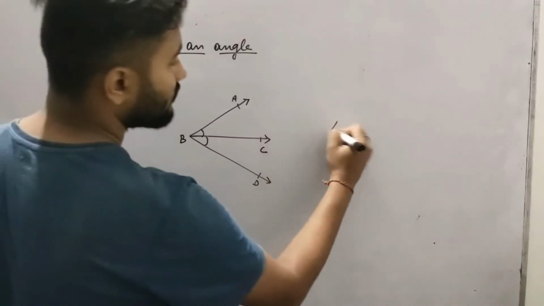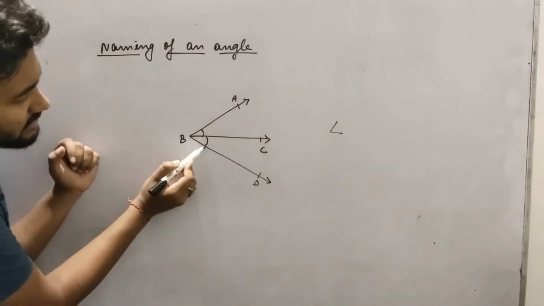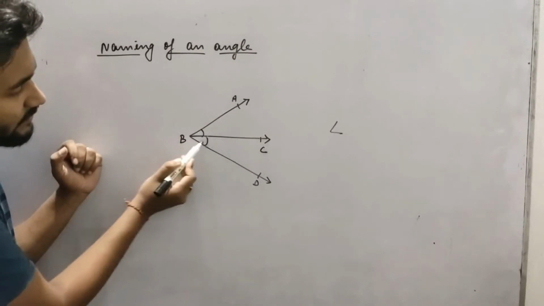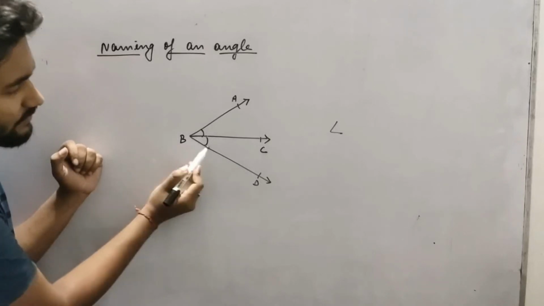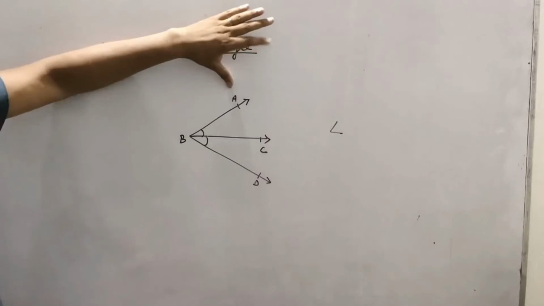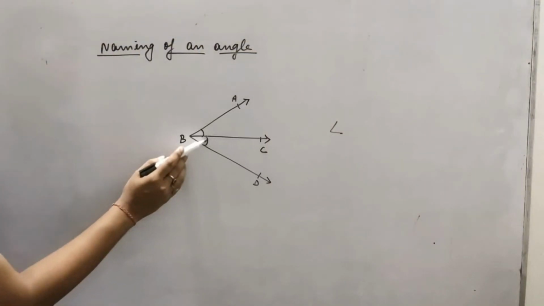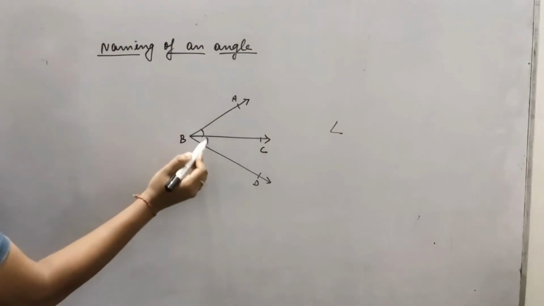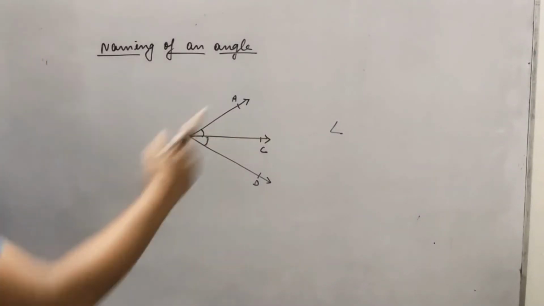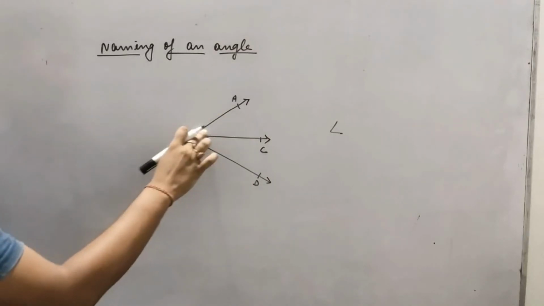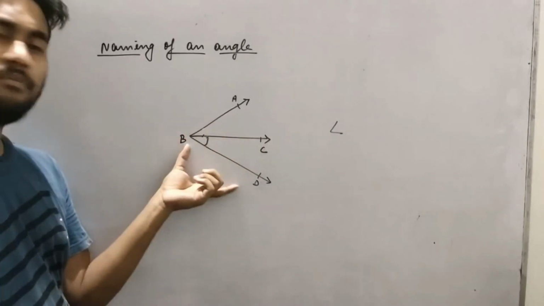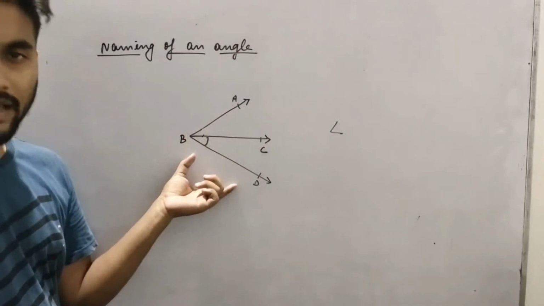See, this angle is touching this ray and this ray. So you can start from C and you can start from D. Don't start from A now, because this angle is not touching the ray AB. Which rays is this angle touching?